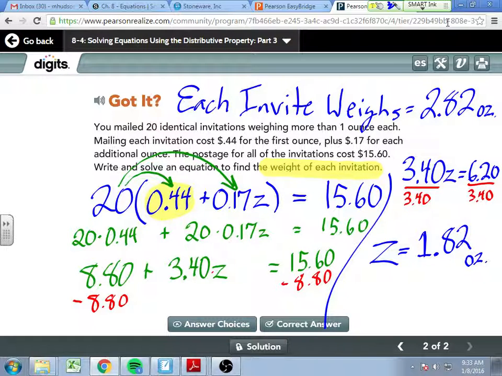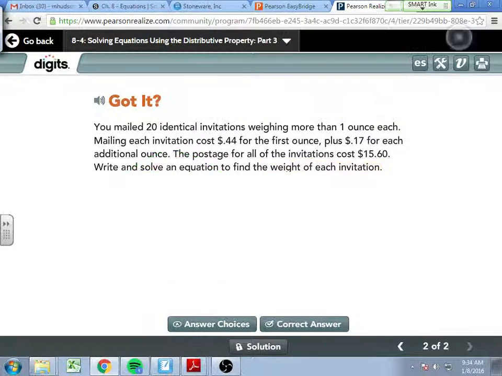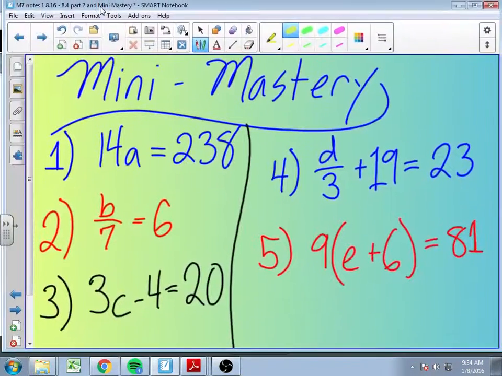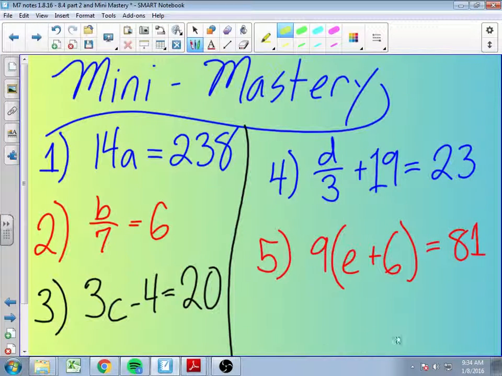So go ahead and get out that blank sheet of paper because it continues on. Put your name on the top just because you should be in that habit. Here is your mini mastery. 5 questions.